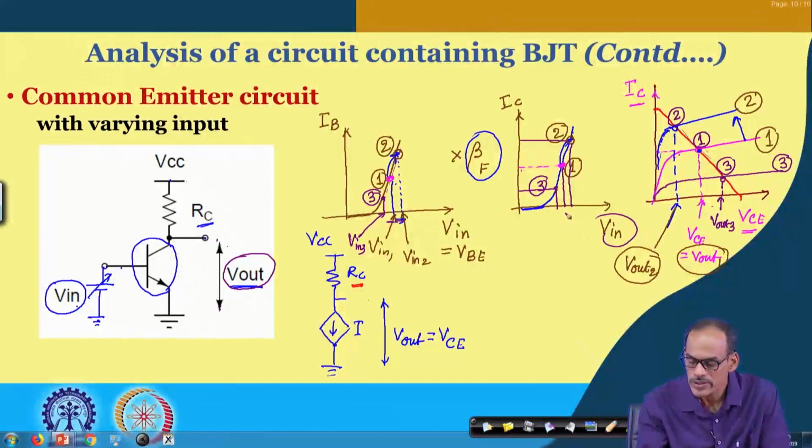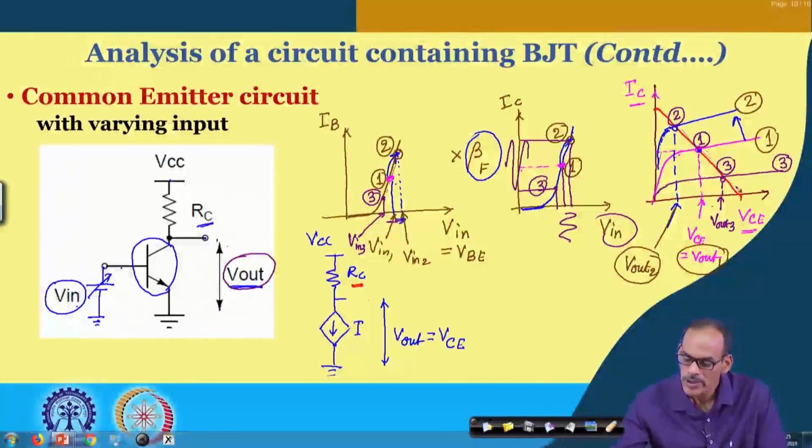If I vary this V in like this, the corresponding effect is in the current also, and that makes this characteristic go up and down, making this voltage remain on this load line. However, it is going from this point to this point.